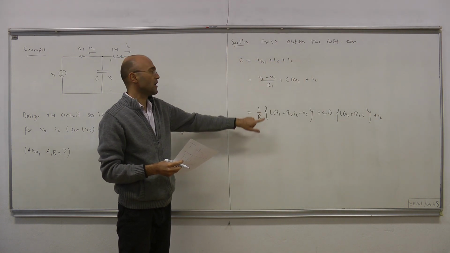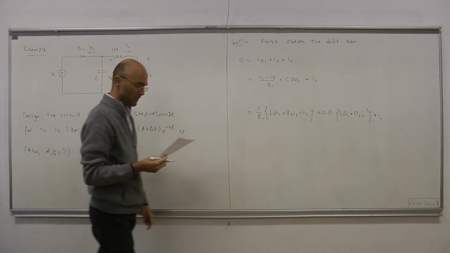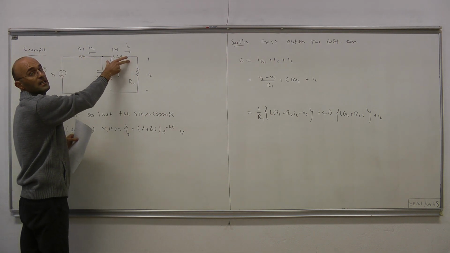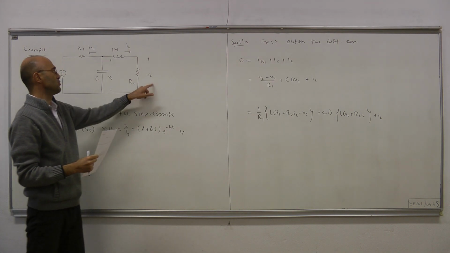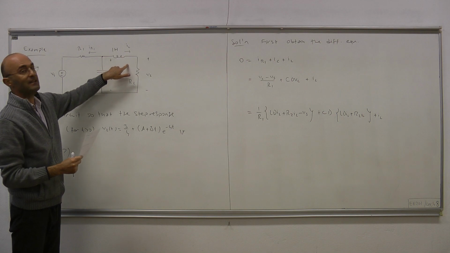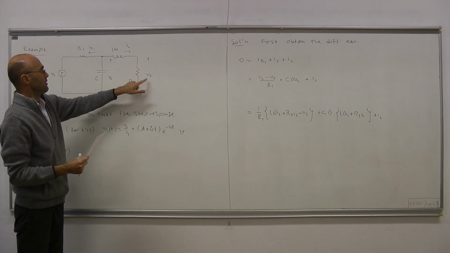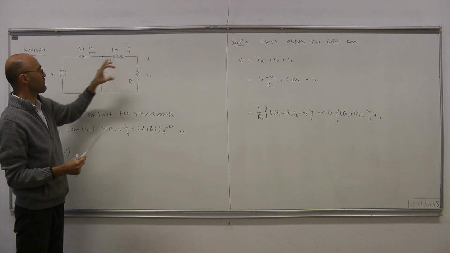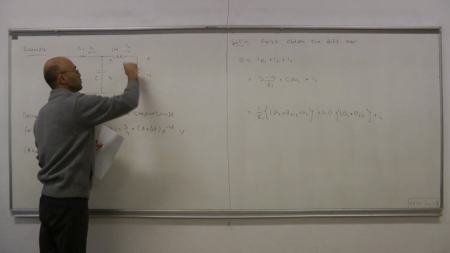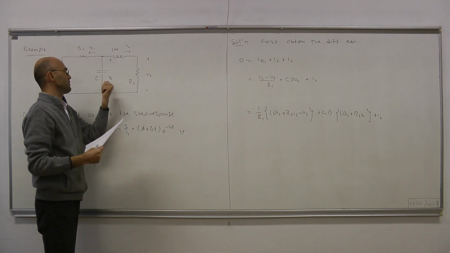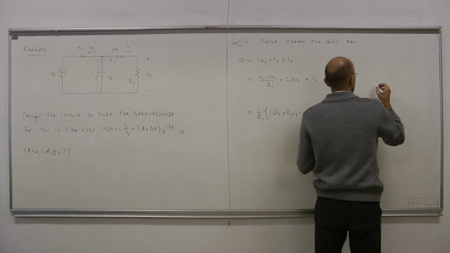And to go from this line to that line, what we used is we represented the capacitor voltage in terms of inductor voltage and the voltage of the second resistor, V2. Now, inductor voltage is L dIL/dt, and L is 1 in this case, plus V2. V2 is R2 times IL. Therefore, Vc equals L dIL/dt plus R2 times IL. So we can represent Vc in terms of IL and its derivative, which we did here.